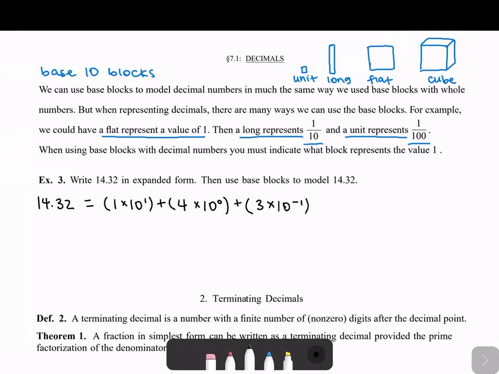3 times 10 to the negative 1. And then 2 times 10 to the negative 2. So we can just keep decreasing this exponent, which I think the easiest way to write this out at first is to just write it with the exponent. You don't have to write it with the exponents, though.